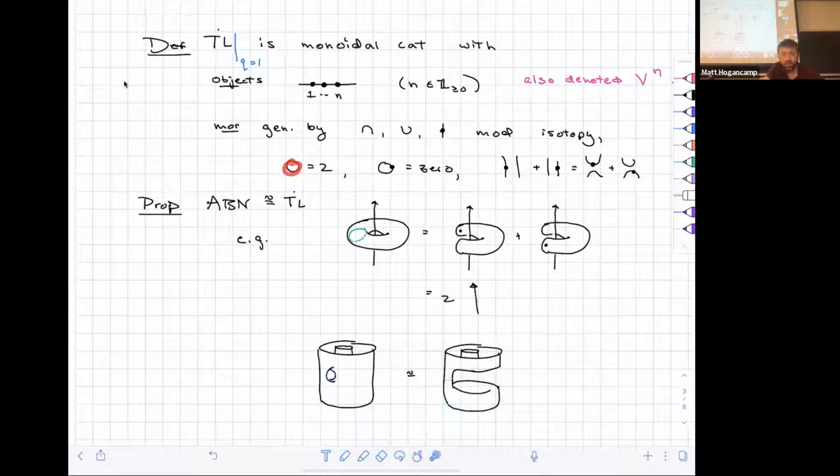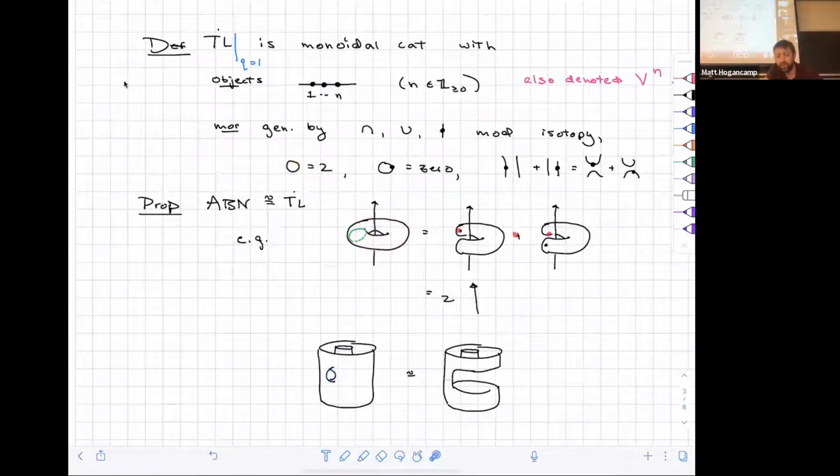An unknot, a circle here, should be thought of as the cross section of a naked, an undotted torus. And then how do we evaluate a torus in the annulus? Well, we neck cut somewhere. So we neck cut, for example, along this green curve, and we get a sum of two terms, this one and that one.